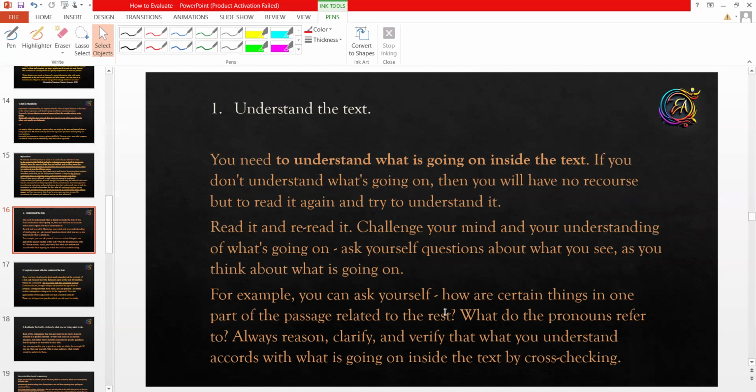Whatever points you agree with, mark with black, and mark the points you disagree with in blue, so that you have the idea of which points you agree or disagree with. In this way, you should read both texts and gather a collection of ideas.